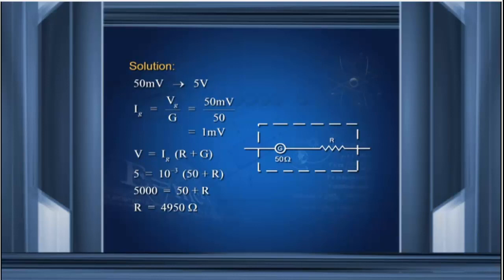So, that means 5000 equals 50 plus R, that is R equals 4950 ohms. It means if we want to convert a galvanometer of 50 ohm resistance which gives us full scale deflection at 50 millivolt into a voltmeter of 5 volt, then we have to connect a series resistor of 4950 ohms with the given galvanometer.